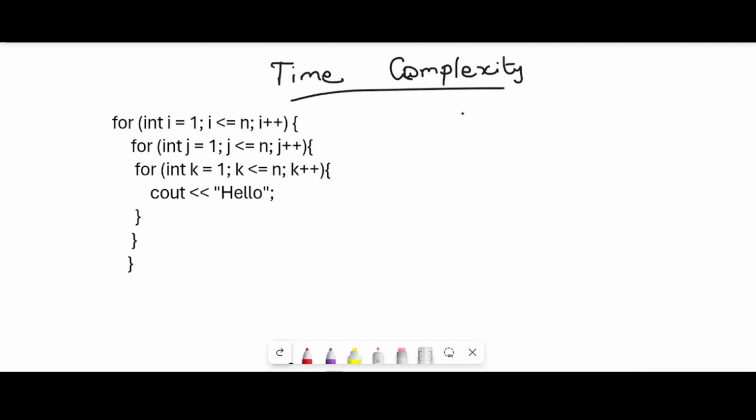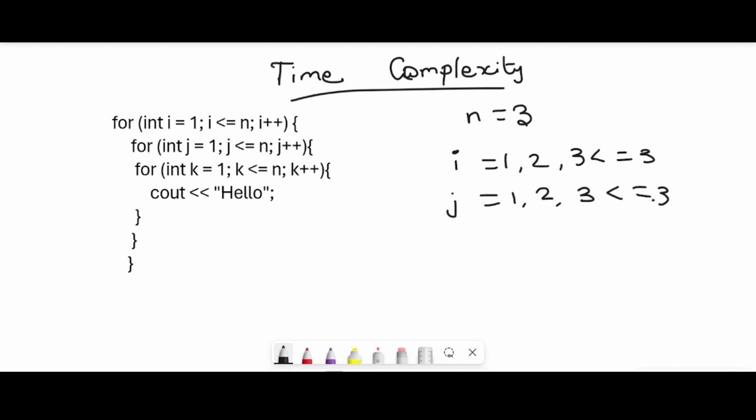In this code snippet, say n as 3. If we look at i, it goes 1, 2, 3, which is less than or equal to 3. If we look at j, it will take values 1, 2, 3, which is less than or equal to 3.